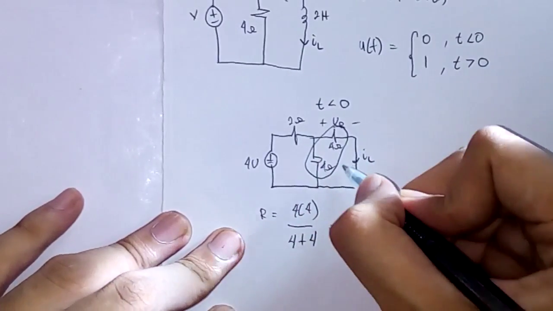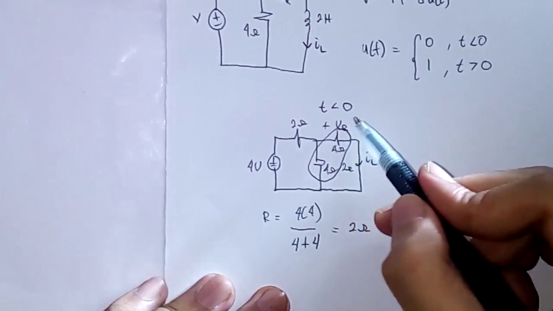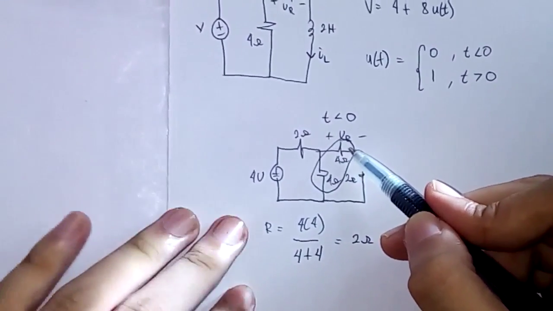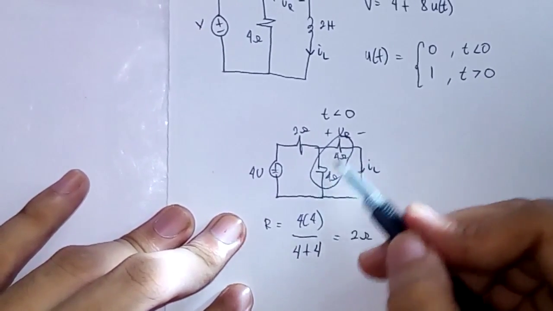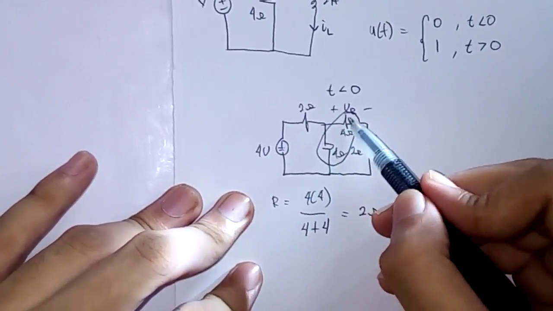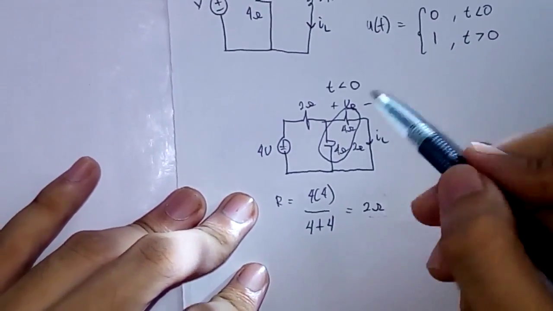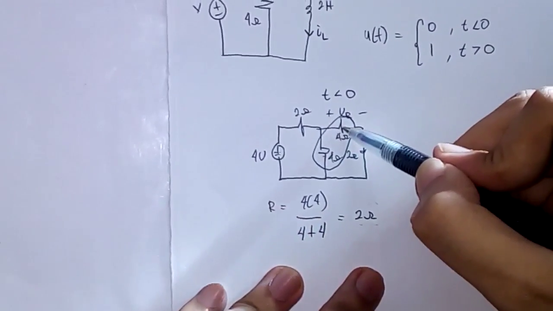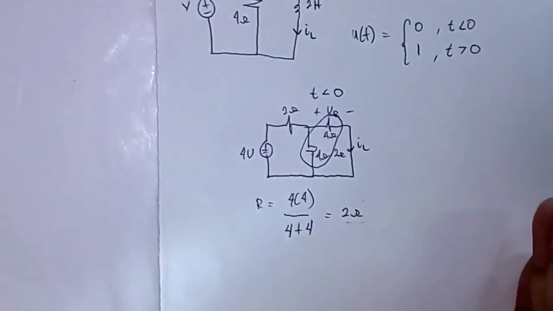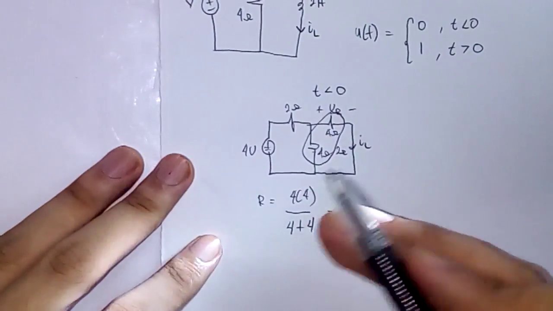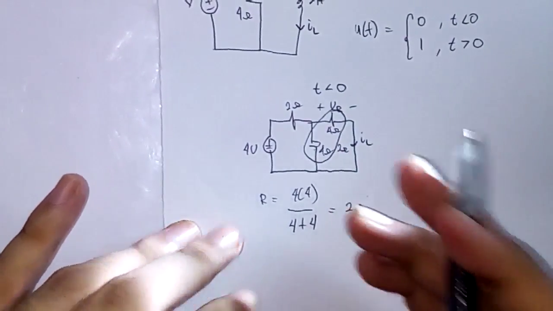So we have 2 ohms and 2 ohms, with 4 volts. To get the voltage VR after adding this parallel resistor, remember that this 2 ohms resistor has the same voltage as our 4 ohms and 4 ohms here. Why? Because they're in parallel.